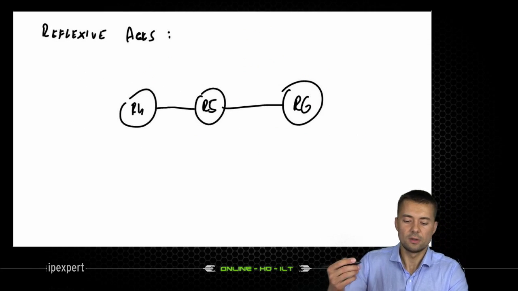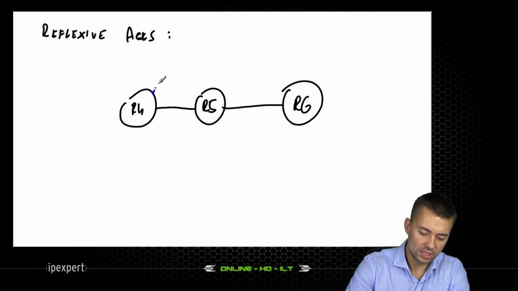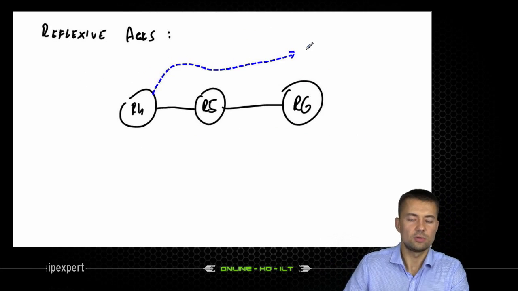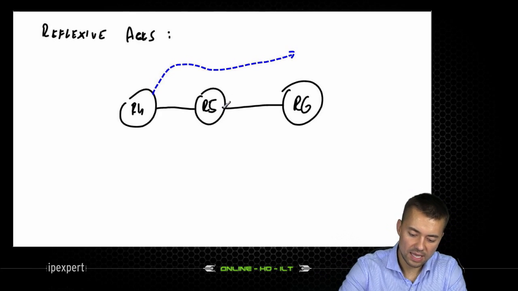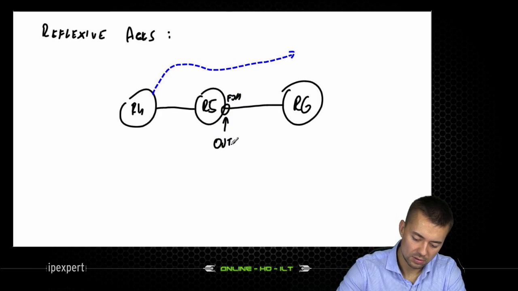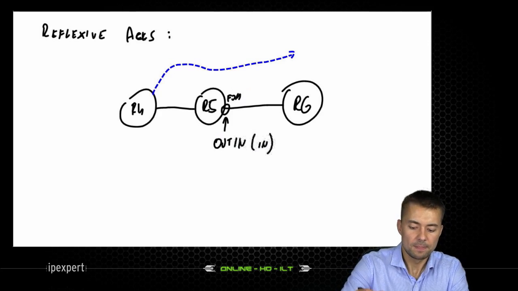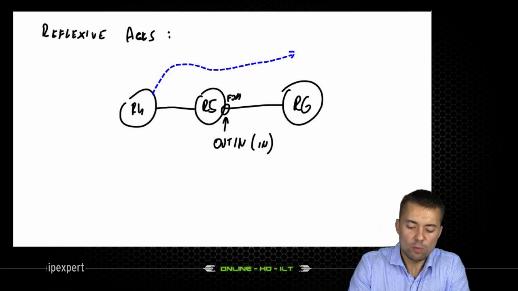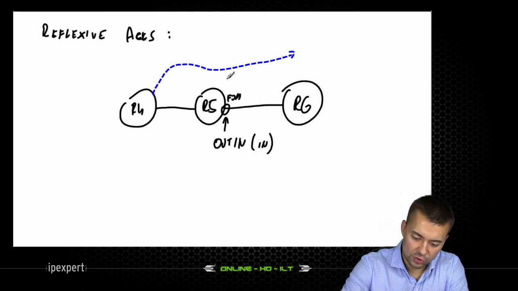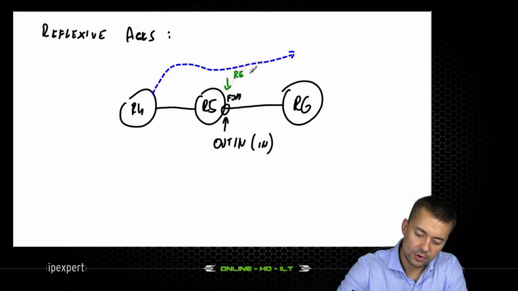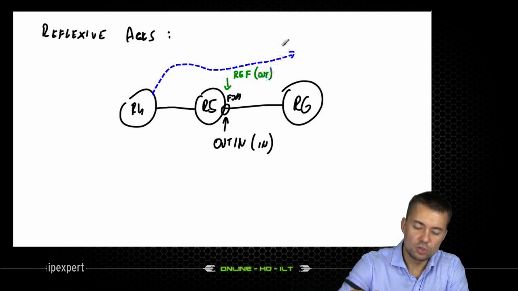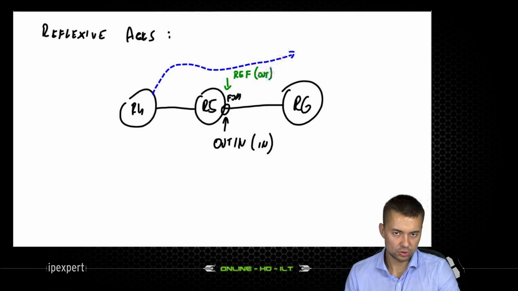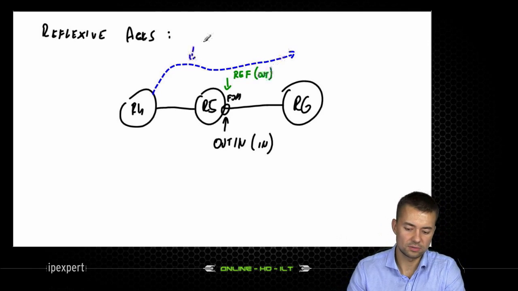The way it's going to work is that the internal users will initiate a session to an external resource, and we will have an access list applied here on Fo1 inbound, say OUT-IN. This access list is applied inbound, which normally blocks external access. But we will also have one more ACL applied on the same interface, say REF outbound, which is used to track the outgoing connections, like this connection.